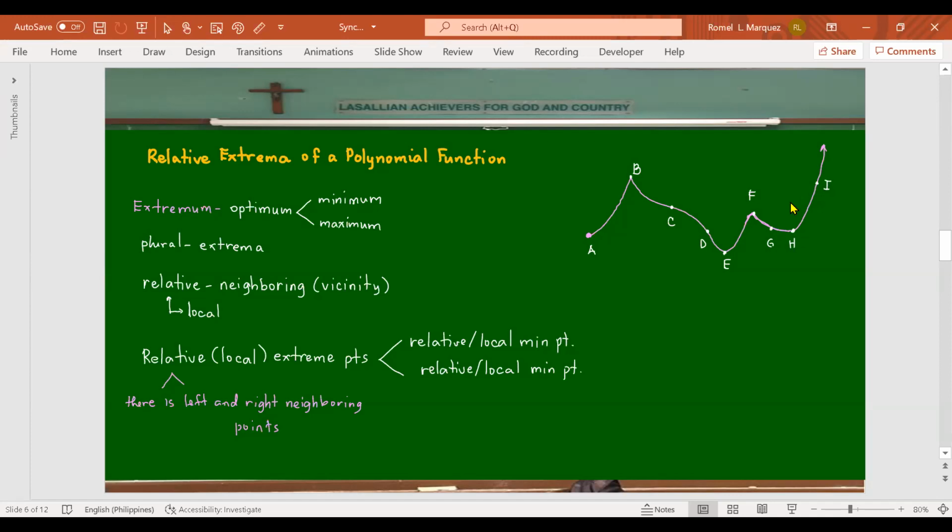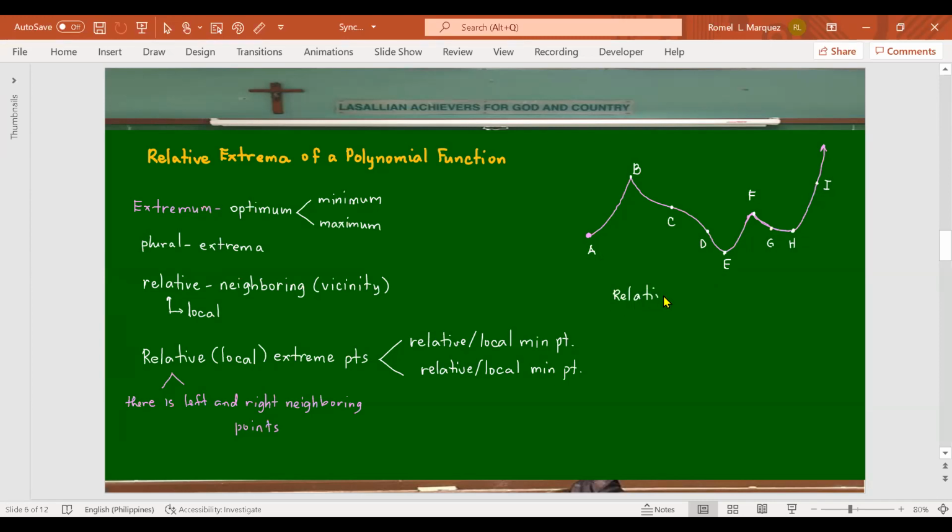I. Okay? Now A. Does A have left neighboring points? No, it does not. So we don't consider it a relative extreme point. Give me those relative extreme points.